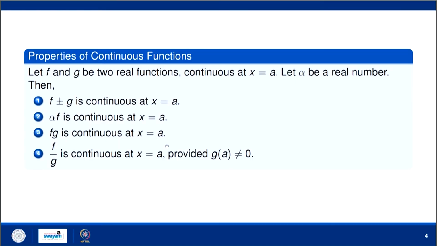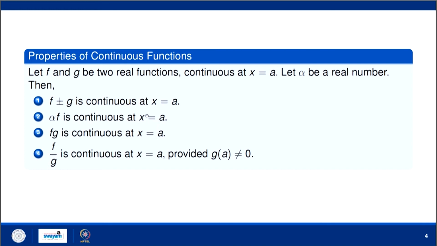Now, what are different properties of continuous functions? If you are having 2 real valued functions, suppose they are continuous at x equal to a and alpha be any real number, then the sum and difference of 2 continuous functions at a point is also continuous at that same point. Alpha times f is continuous at x equal to a.